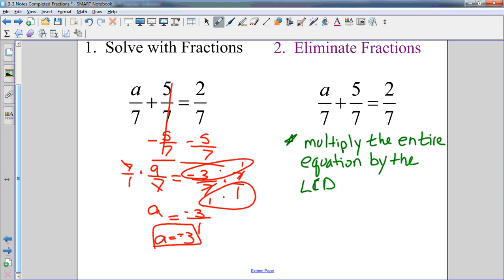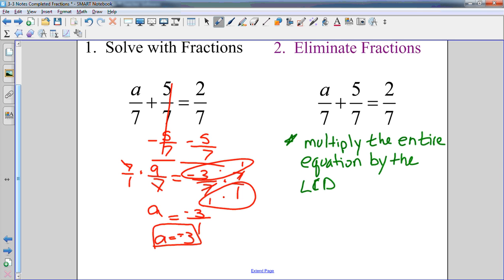Now, you might say, well, that sounds kind of difficult. Okay, well, what's my denominators here? The bottom number. What numbers are they? 7, 7, and 7, right? What's the least common multiple of those three numbers?